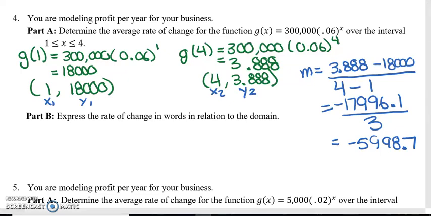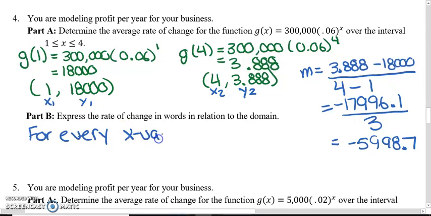Part B, express the rate of change in words in relation to the domain. So this is one sentence that you kind of have to write specifically. For every x value, it decreases.